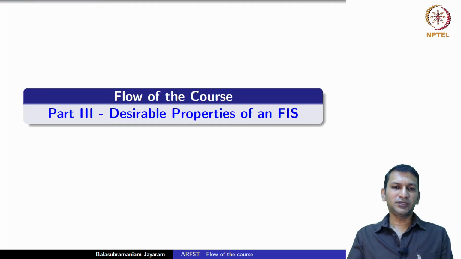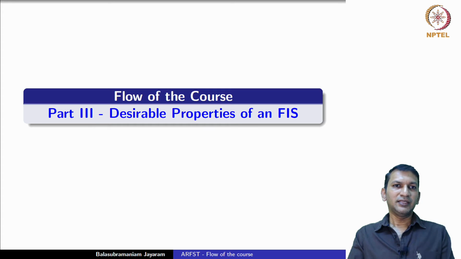In part 3 of this course, we will discuss the desirable properties of an FIS, of a fuzzy inference scheme. This part of the course is important for 2 reasons. One, it talks about what a fuzzy inference scheme is expected to possess.